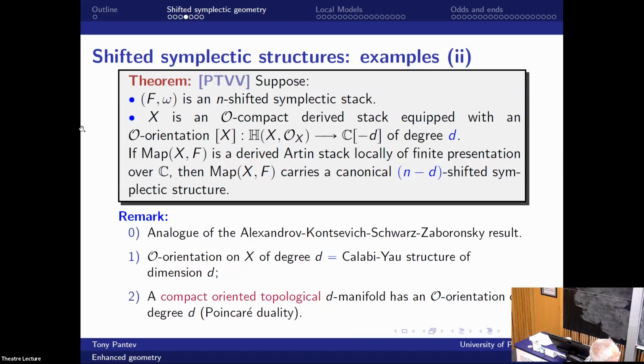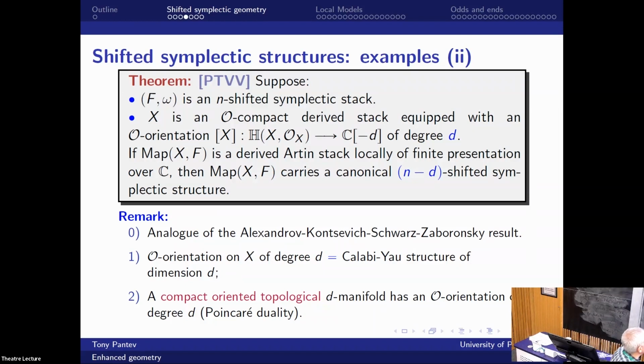And it has to have an orientation class, a fundamental class that maps the cochain algebra of the structure sheaf to the field shifted by -d. And that has to have a Poincaré duality behavior on the homology of any local system.